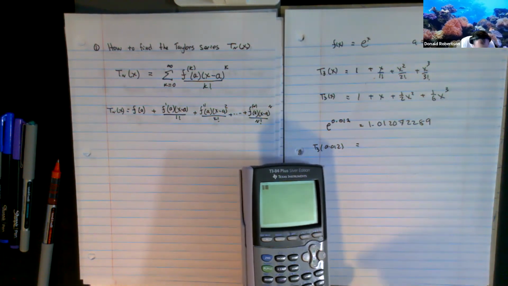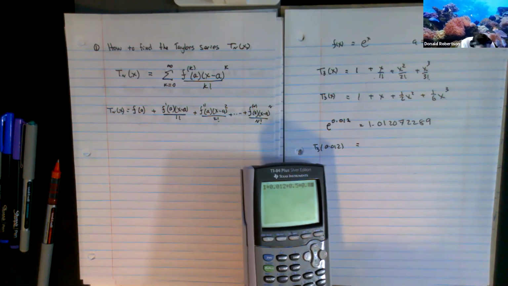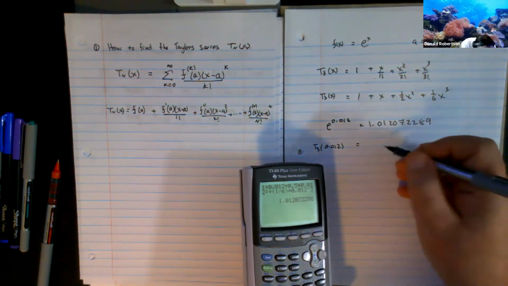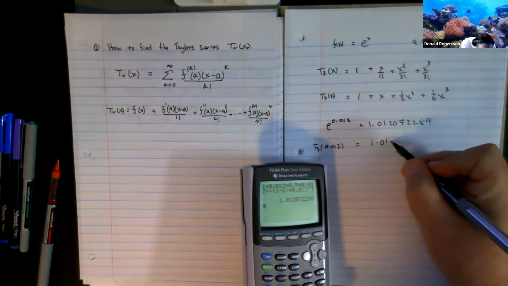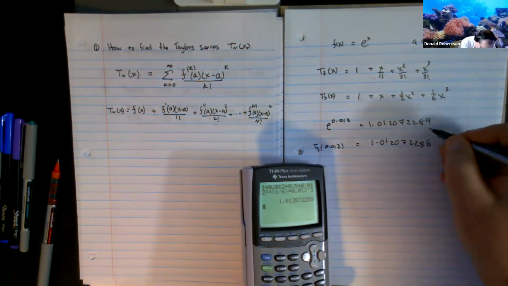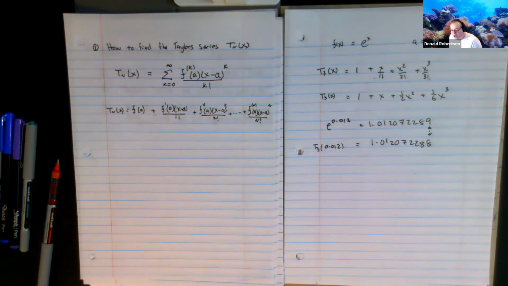So it's going to be 1 plus 0.012 plus a half, which I'm just going to call 0.5, times 0.012 squared, plus a sixth, times 0.012 cubed. And the answer I get is 1.012072288. 8 decimal places and darn close on the 9th one.